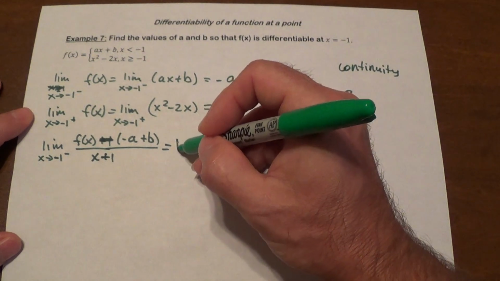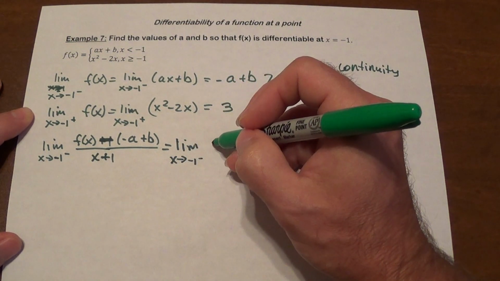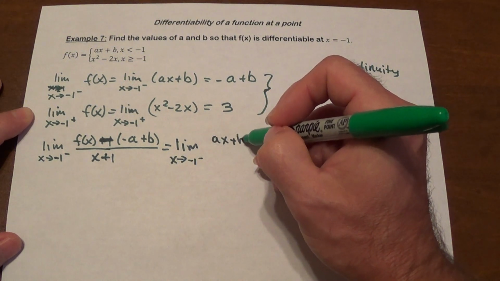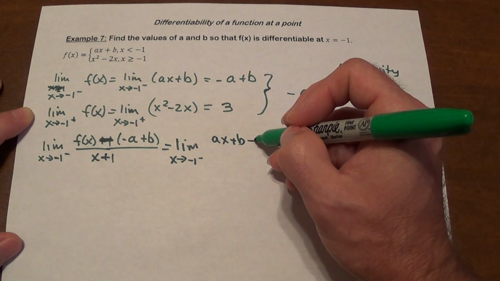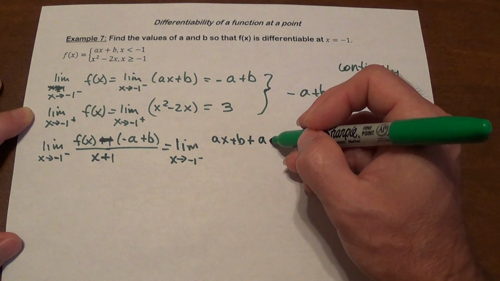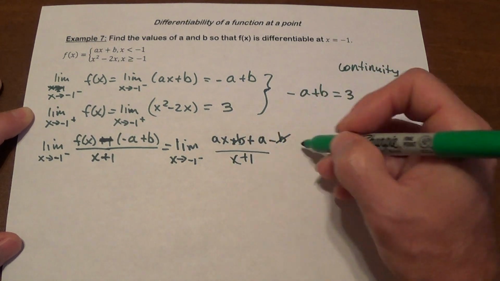So what we get here is ax plus b minus, so plus a minus b, so the b's cancel, over x plus 1.